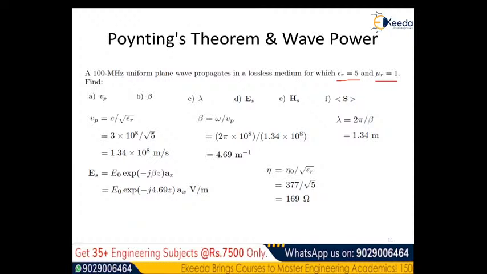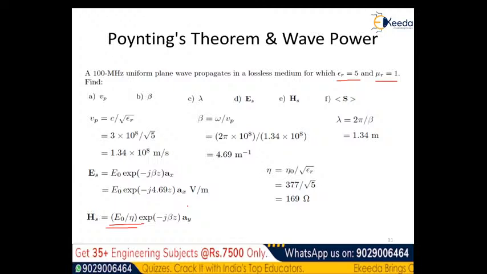So as we have, I can say, the conversion factor, if we know the expression for ES with the help of this eta to be known here, we get the expression for HS. So here we write E0 divided by eta into the exponential of minus J times beta Z into AY, the direction perpendicular to the earlier one that it was for ES.